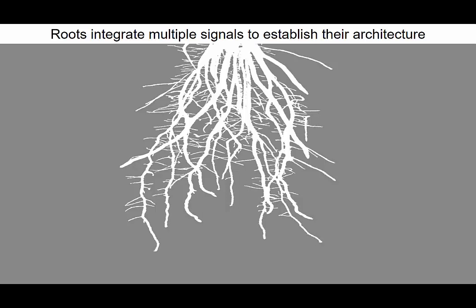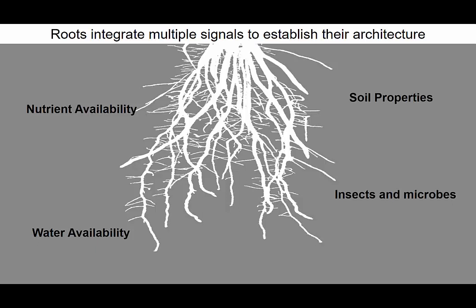How do they decide what they respond to? And these cues, of course, are nutrient availability, water availability, and the soil properties, which we talked about. Pore size is going to impact not only the ability of the soil to hold water, but also how the root system penetrates into the soil. One of the things we haven't even talked about are insects and microbes.